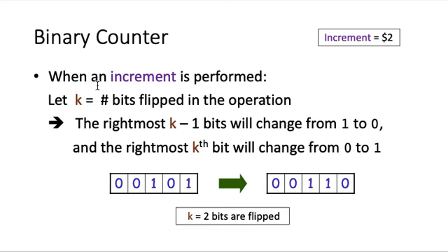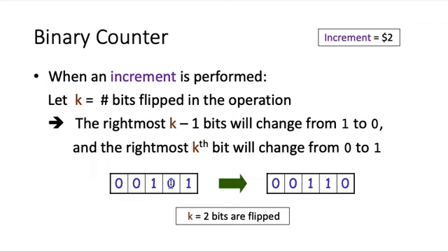We have seen what happens in the first increment, but let's see what happens for a general increment operation. Suppose that during an increment operation, altogether k bits are being flipped. It must be flipping the rightmost k minus 1 bits, all of them changing from 1 to 0, and then the rightmost kth bit changing from 0 to 1.